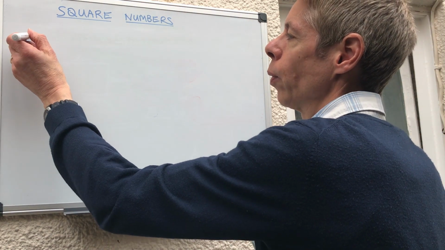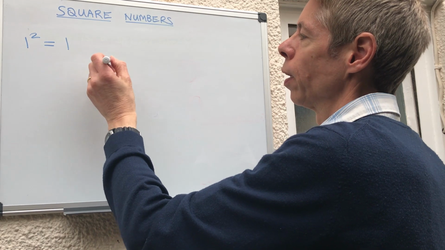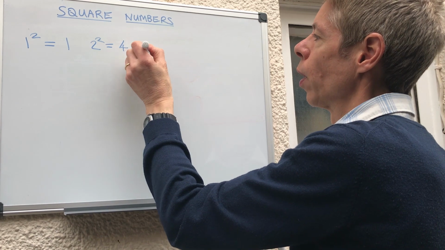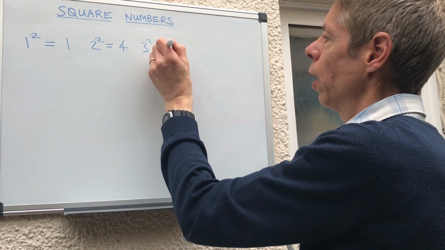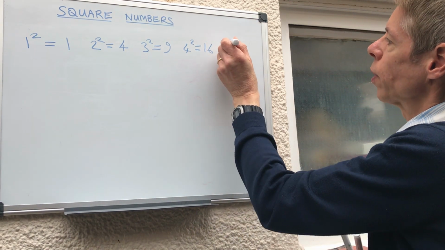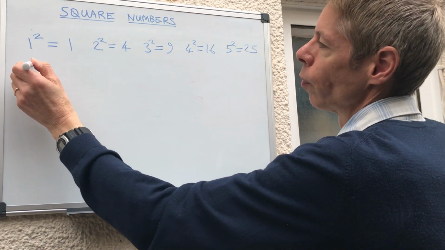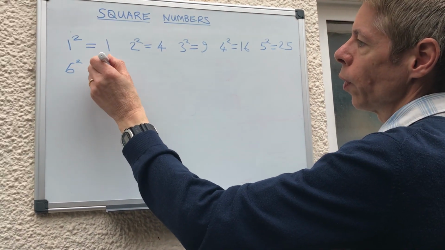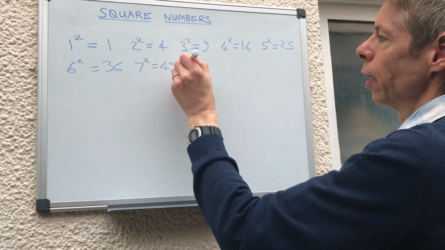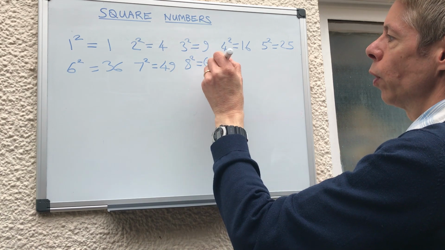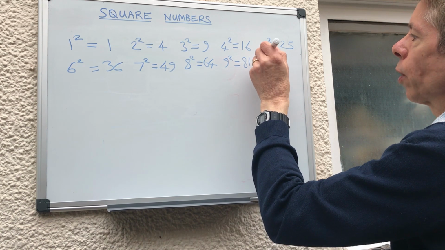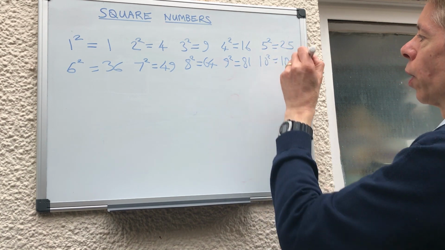So 1 squared equals 1. 2 squared equals 4. 3 squared equals 9. 4 squared equals 16. 5 squared equals 25. 6 squared equals 36. 7 squared equals 49. 8 squared equals 64. 9 squared equals 81. And 10 squared equals 100.